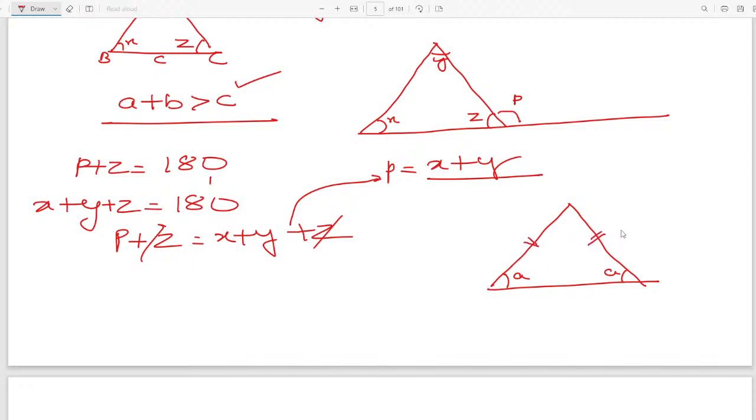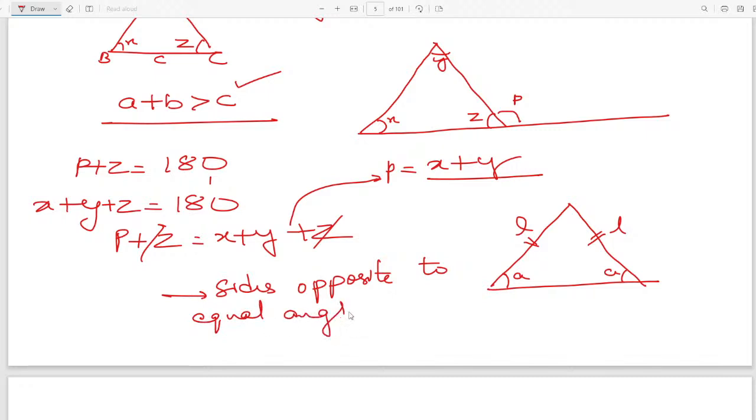So for example, if this length is L, the length of this side will also be L. So one more property is that the sides opposite to equal angles would also be equal. This is one property of triangles.